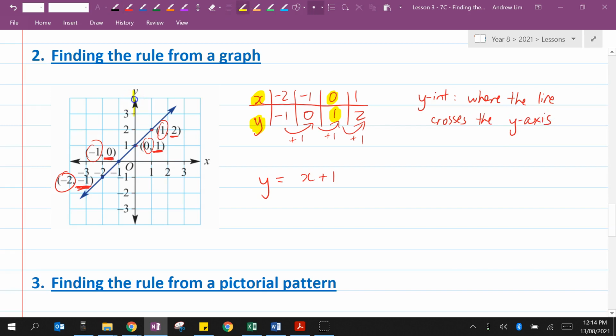So here we have our y-axis. Where does the line cross it? At this point. At 1. Positive 1. And that's it. So that's our rule for that graph.